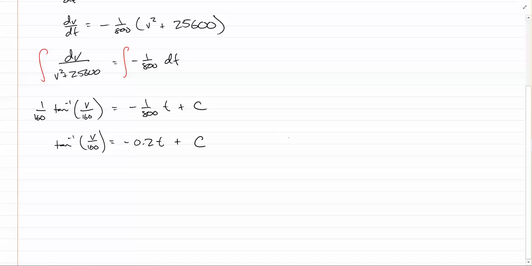Now let's figure out what that c is using the initial condition. We are told that v of 0 is 160, so that means that if I plugged in t equals 0, v would be 160, so the inverse tangent of 160 over 160 is equal to 0 plus c. That means c is the inverse tangent of 1, and the inverse tangent of 1 is pi over 4.